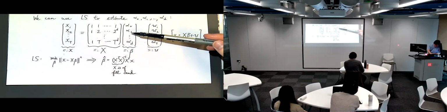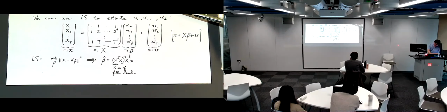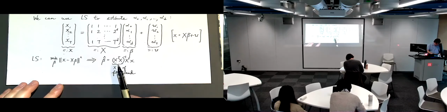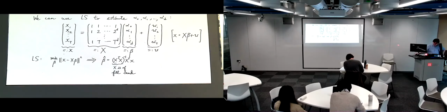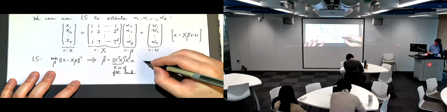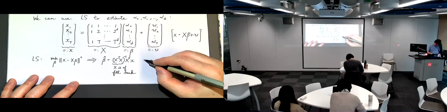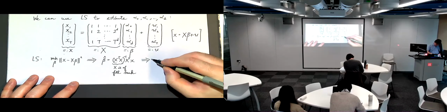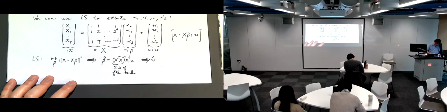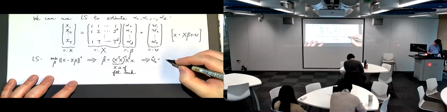If your d plus 1 is larger than capital T, so the dimension is larger than the sample size, then the least square estimator will not exist, because X is automatically not of full rank, and X transpose X will automatically be not of full rank. But assume it's of full rank, then we can estimate our w hat.